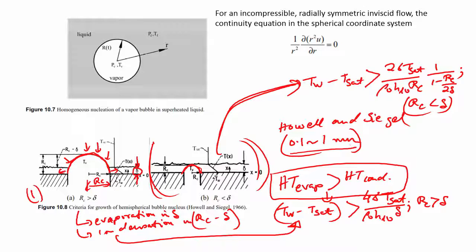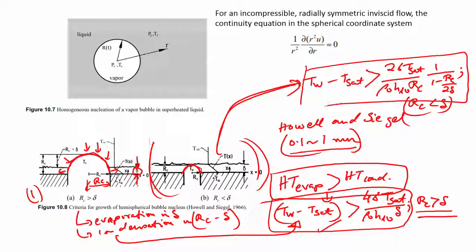They showed, for a very large variation in cavity sizes from 0.1 to 1 mm, that there are two limiting conditions. When the cavity size is large, in order for a bubble to grow you need to have this relationship, and for the other case you need to have that relationship. Okay. So, these are the two things that Siegel and Howell actually found out.